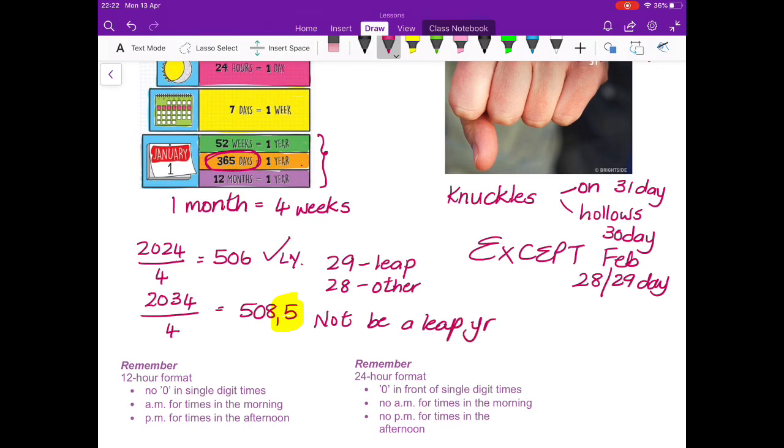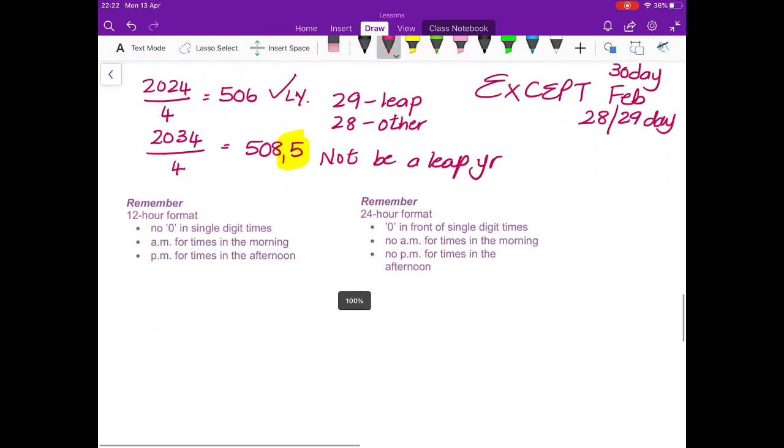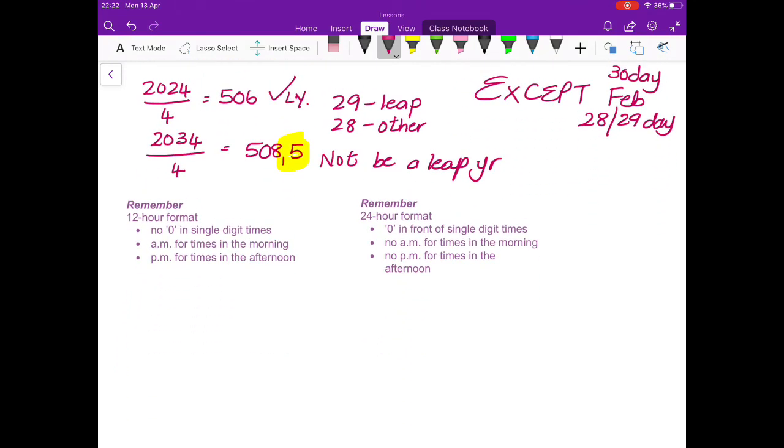Right, then there are a few other things that you need to remember. So you have to know the 24-hour format. There's no 0 when there are single digits. What we mean by that is 5 in the morning, let's say 5:30 a.m. So we do not have a 0 in front of the 5. No 0 in front of the 5.